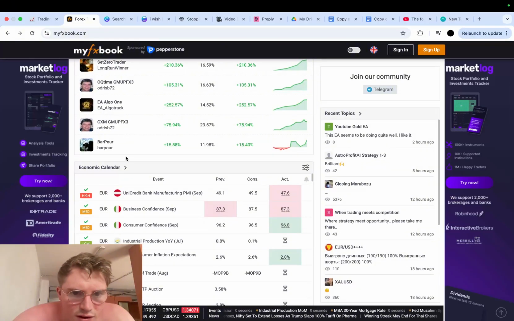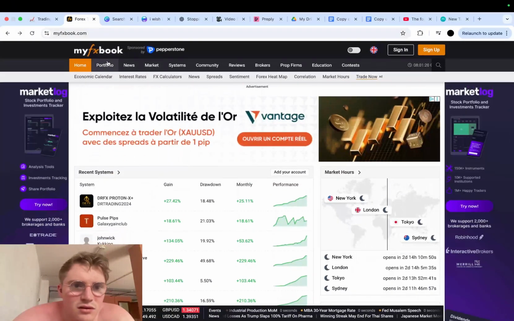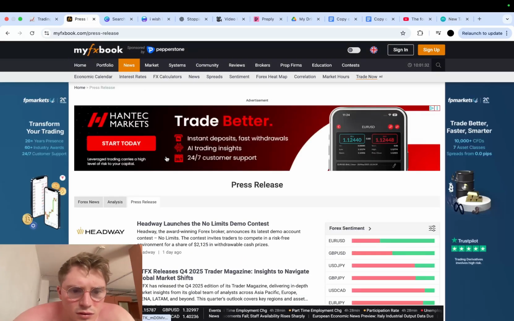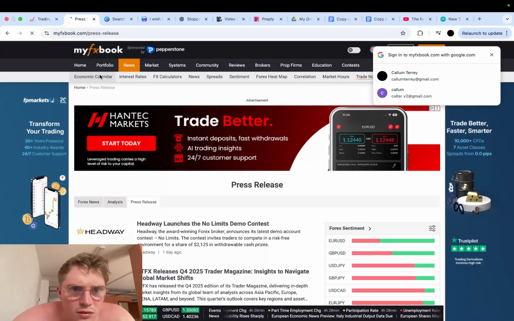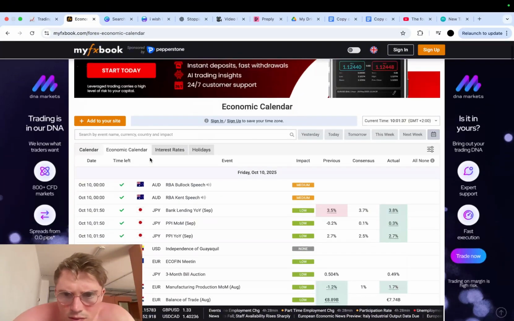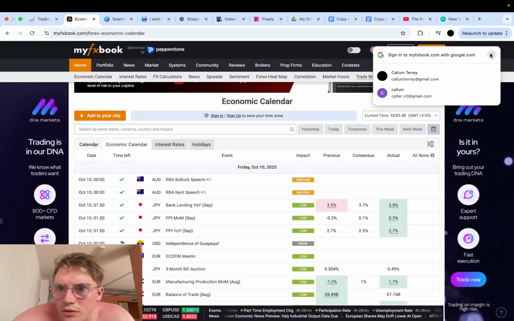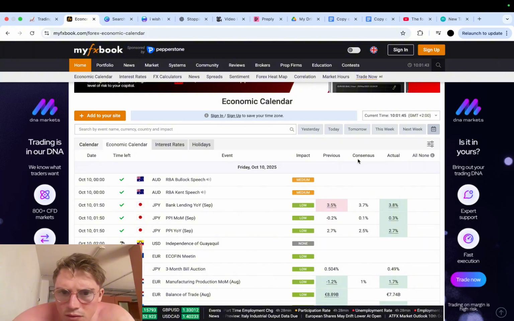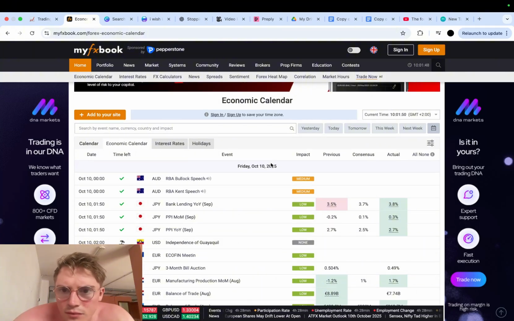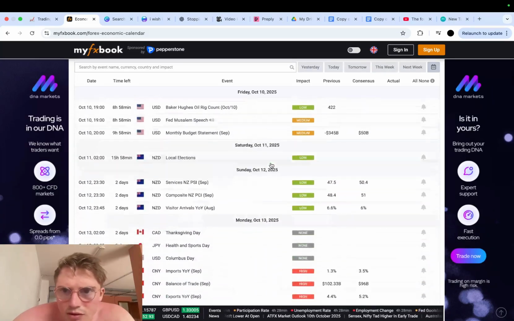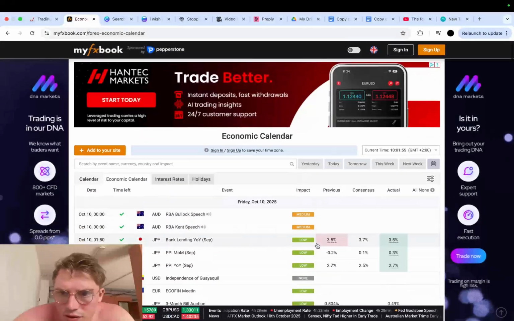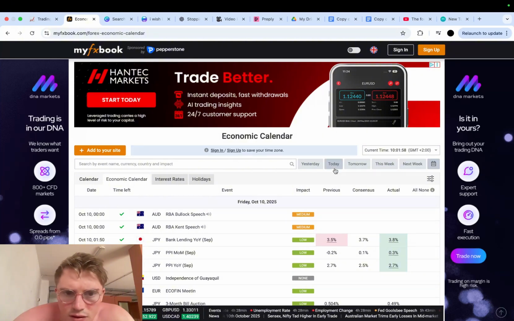Have I got this economic portfolio? Market systems, news. Impact, and all we need to do. Event, interest rate, economic calendar. I don't think I've got this set for today.